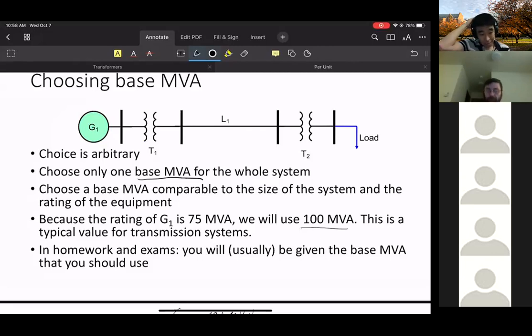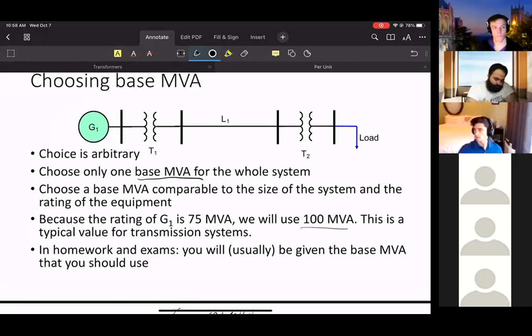If you don't know how to choose, we'll make the choice for you. If you work in this field as an engineer, you'll be choosing this on your own. A surprising amount of time is spent choosing the base. Your manager will probably have a different number than you, and you spend a lot of time choosing this number.